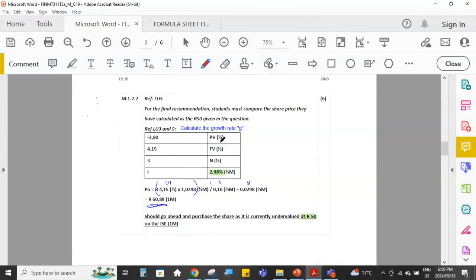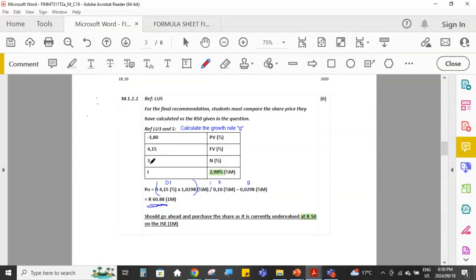So this calculation here in this table is to calculate the growth rate G that we need here in our formula. So we take the oldest dividend, R3.80, and we call that the present value because that was way back in the past. And the latest dividend, R4.15, is the future. So in other words, we've gone from the past to the future, R3.80 and R3.95, etc., up until R4.15.